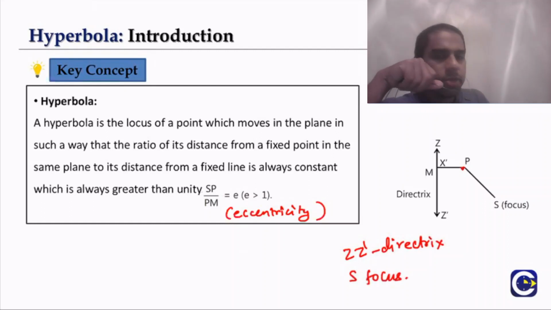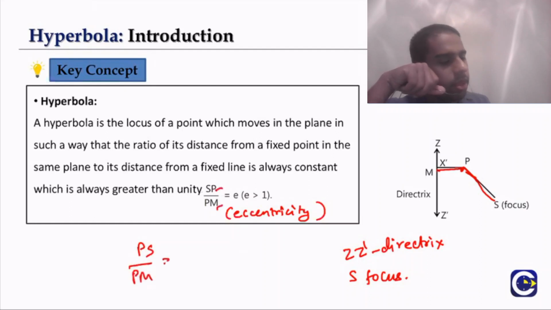So when you have some line, the directrix, and a focus point, the ratio of its distance from the fixed point to its distance from the fixed line is always constant. PS by PM, or SP by PM, equals e, which is the eccentricity, and it is always greater than 1.